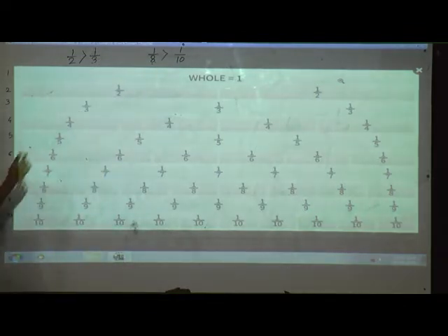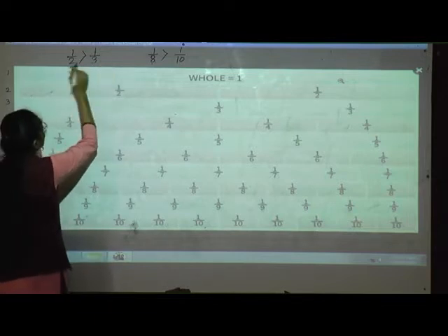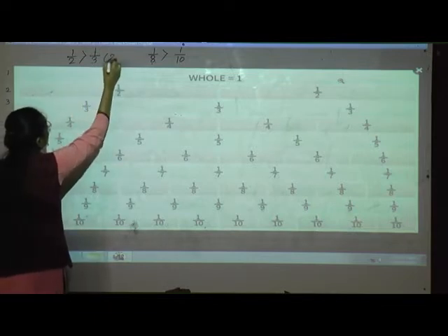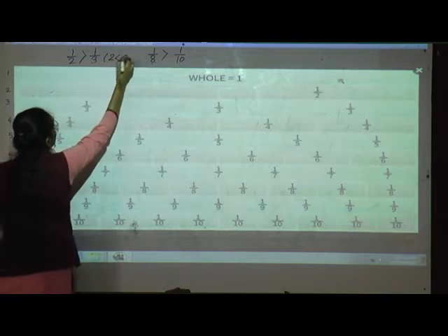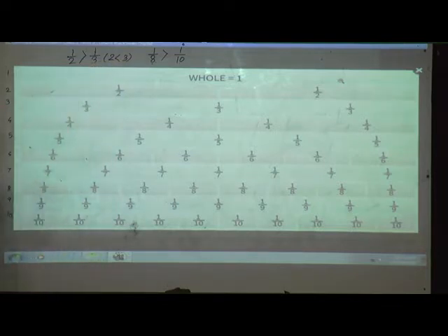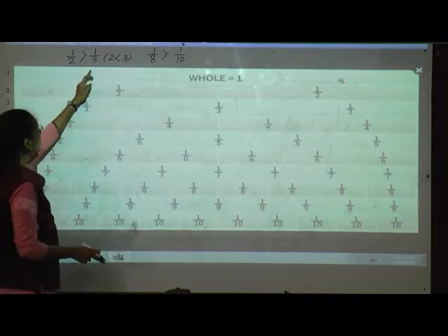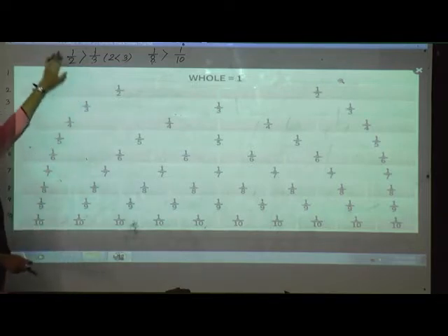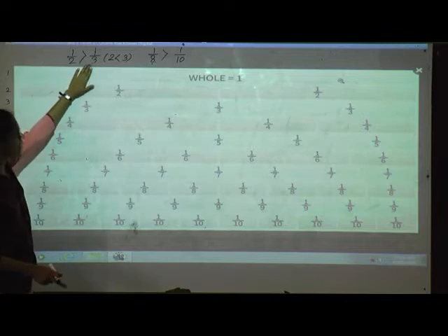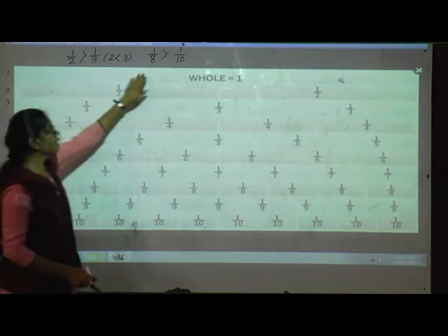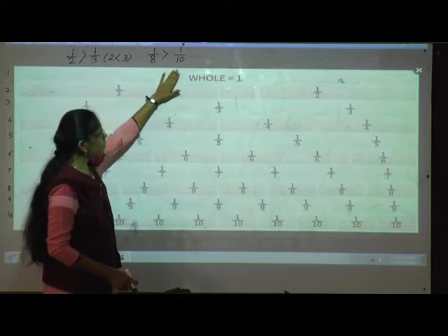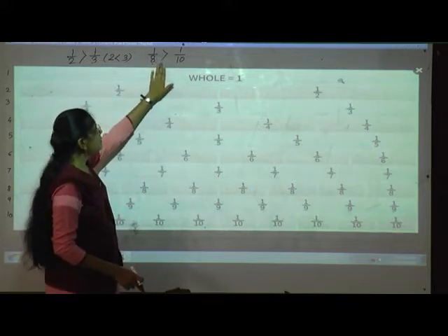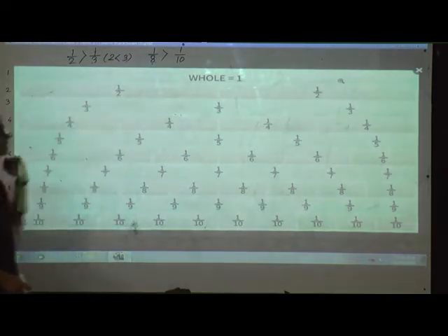But see students, in the fractions 1 by 2 and 1 by 3, 2 is smaller than 3, and 1 by 2 is greater than 1 by 3. Here also 8 is smaller than 10, but 1 by 8 is greater than 1 by 10.